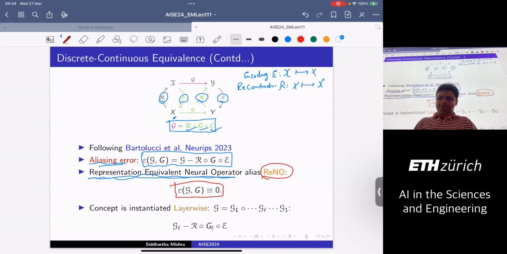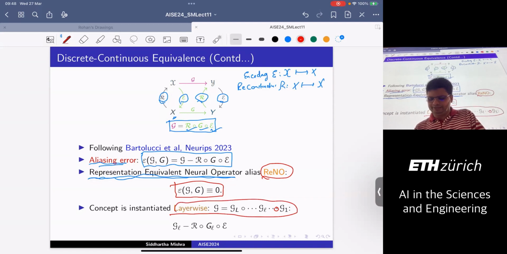But now remember that neural networks or neural operators, as we are going to call them, are typically compositions. They are done layer-wise. So what we demand is that this is identically equal to 0.